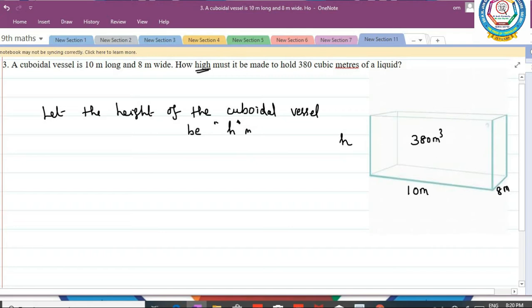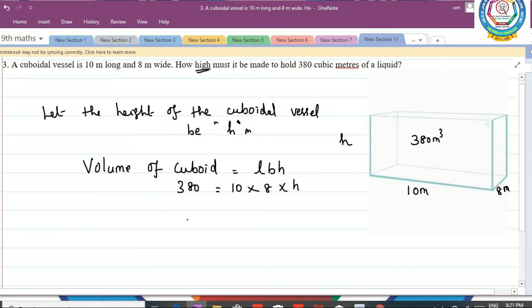In the cuboidal vessel, capacity is given, that is volume is given. So volume of cuboid, because length, breadth, height is given, it is a cuboid only. We know the formula LBH. Volume of cuboid is given, 380. That is equal to length 10, breadth 8, height we don't know. That only we have to find out.